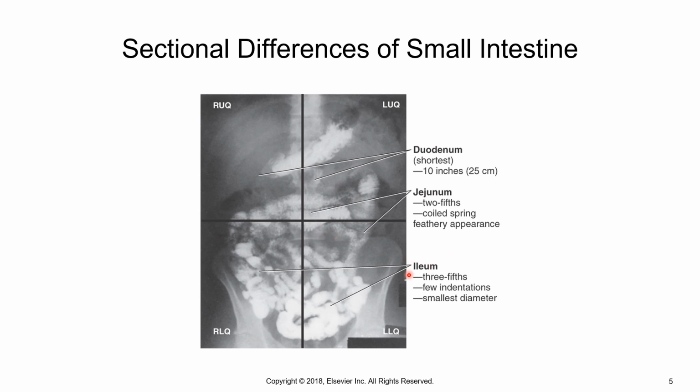And then the ileum, spelled this way, makes up 3/5 of the small intestine, and it's the smallest in diameter. So it goes from the widest to the narrowest in the last section of the small intestine. And they do show you the quadrants so that you can see where the bulk of that small intestine is.